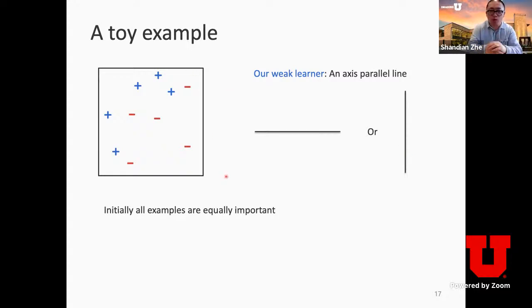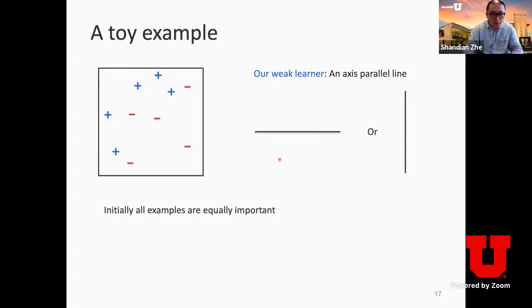The difference between weak classifiers is just where you place the horizontal line. You can put it here, you can put it here, the position. And similarly, you can put the vertical lines here, here, and here. So we just need to choose different positions on the x-axis and y-axis to find good weak learners.